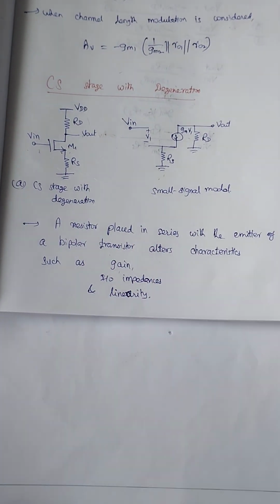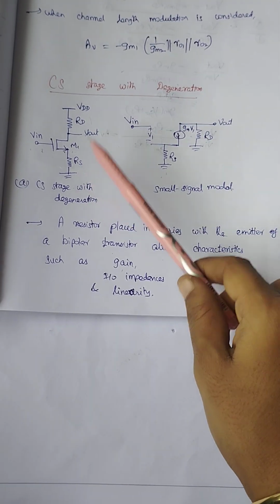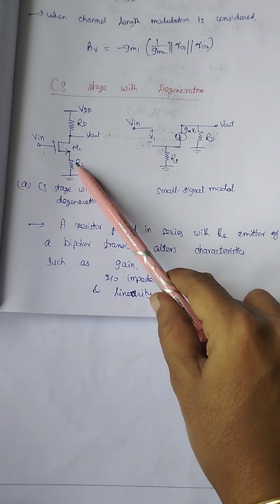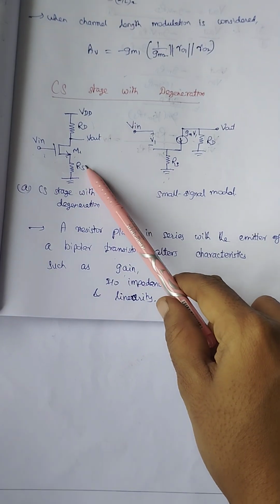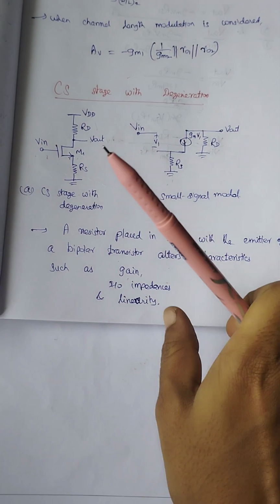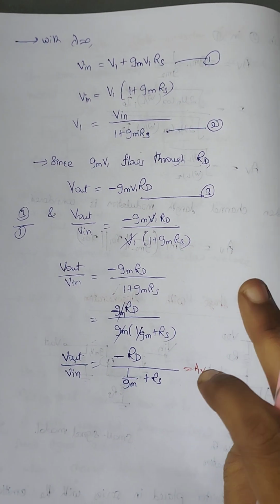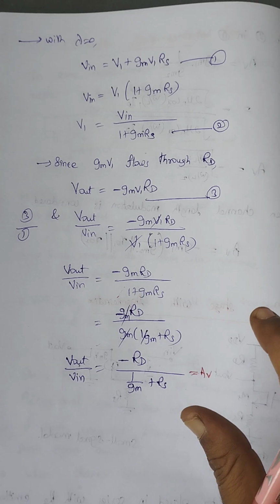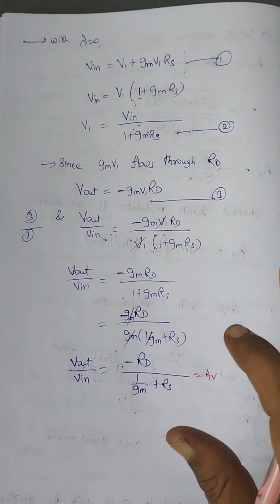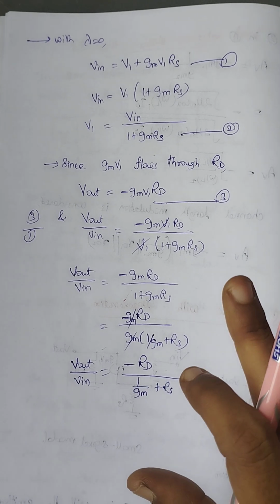So when you are adding this degeneration, one resistor at the source side, what will happen? Your input and output impedance will be changed, gain and linearity everything will be changed when you are adding source resistance RS at the source side.